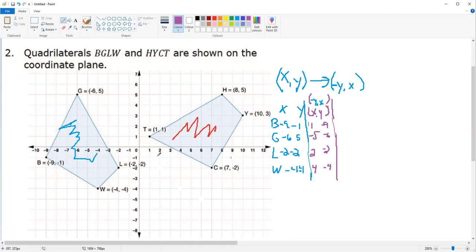1 and -9. It's way different. Okay, and -5, -6, that's right here. 2 and -2.